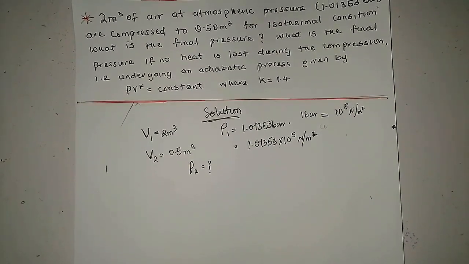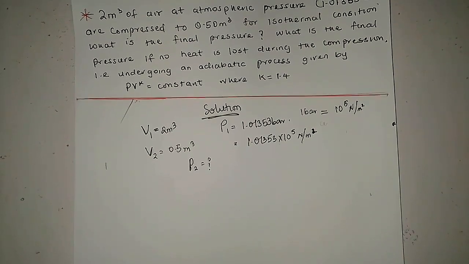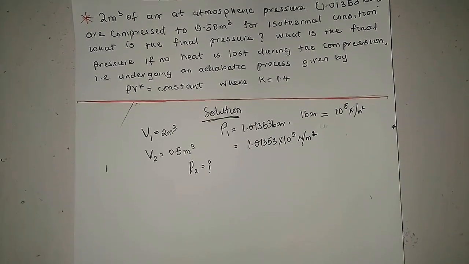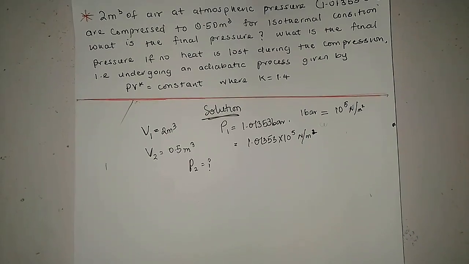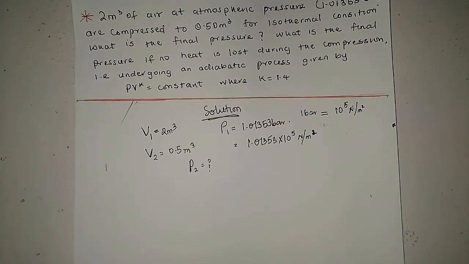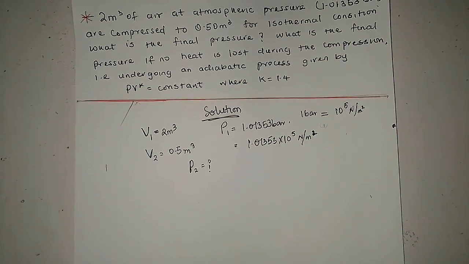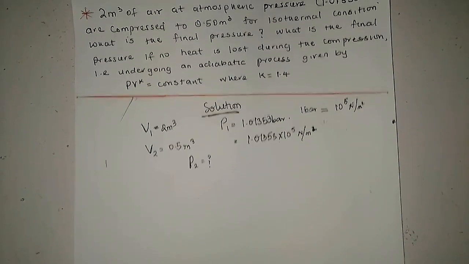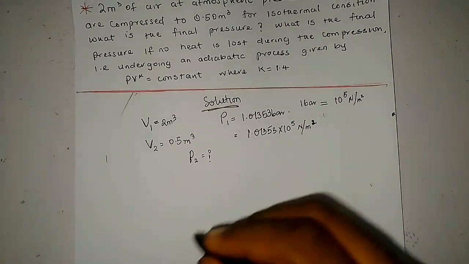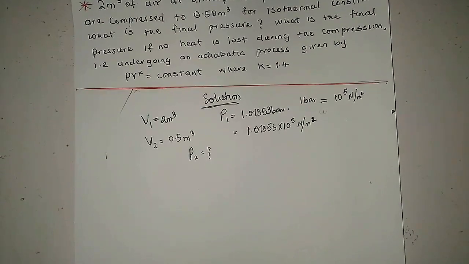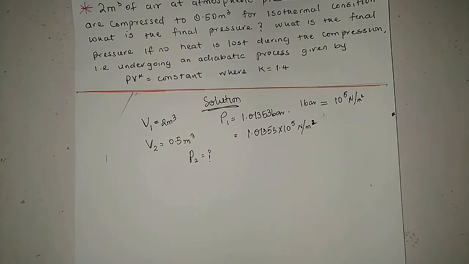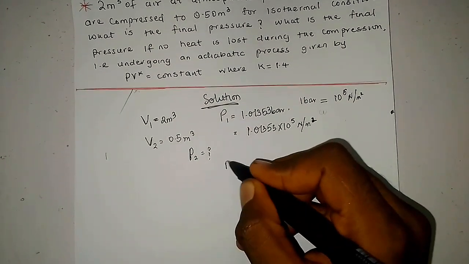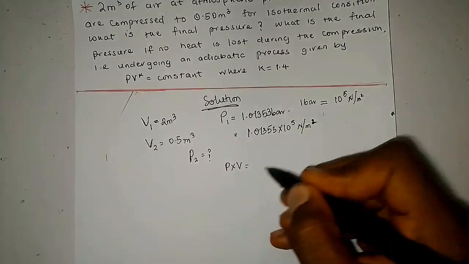What is an isothermal process or an isothermal condition? Basically, where we have a constant temperature. For gas, we know that it follows Boyle's law. So temperature is constant, and for isothermal condition we'll have P times V equal to constant.